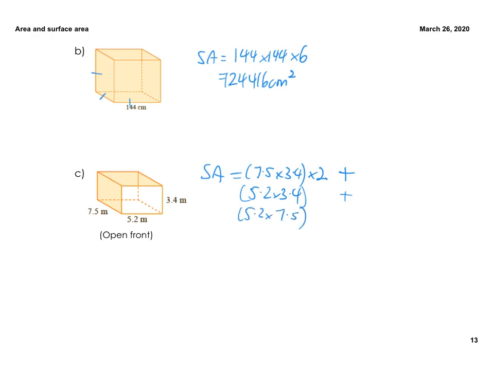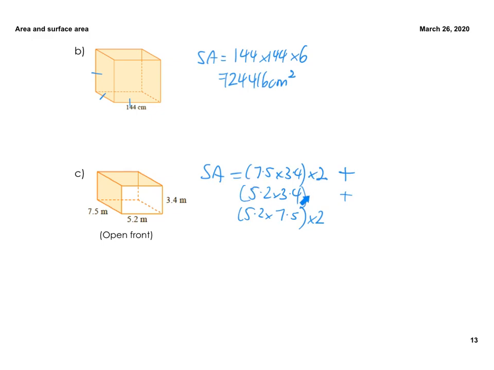So again, what we did, 1 of these, which is this times this, 2 of these, which is this times this one here, and these are the same, and then this, so it's 7.5 times 5.2, but also multiplied by 2. So the only one that's not doubled is this one, because we are told it's an open front.